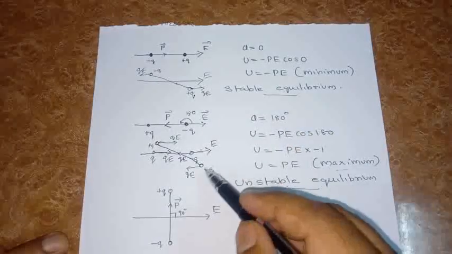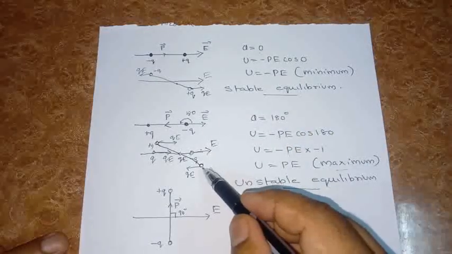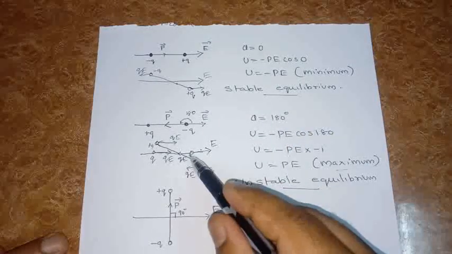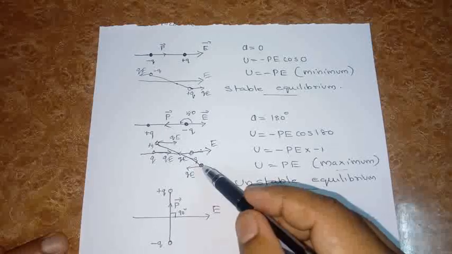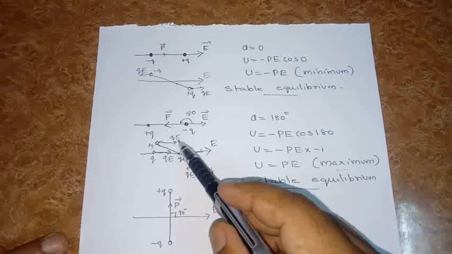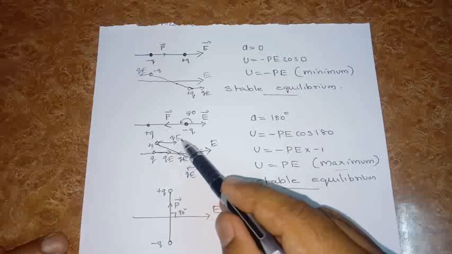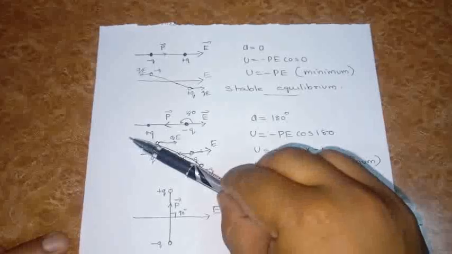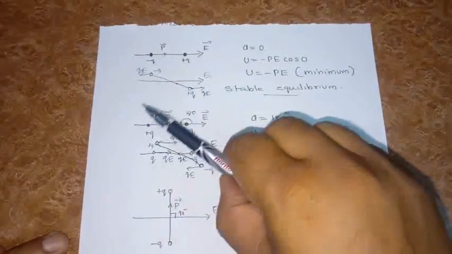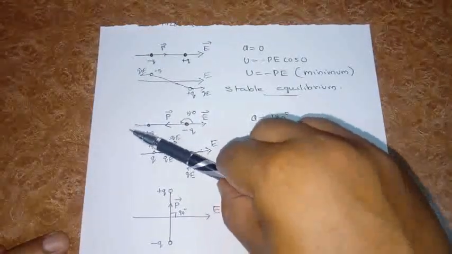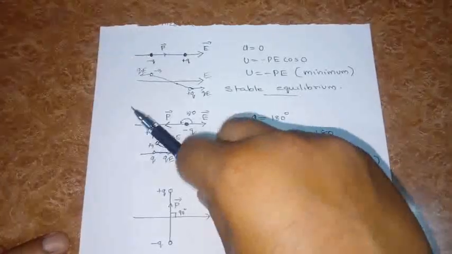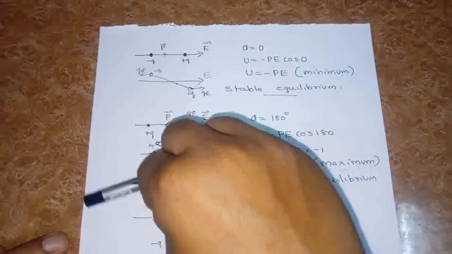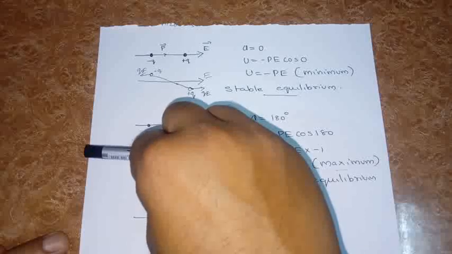Now look at the direction of the force. The direction of the force will not bring the dipole back to the original configuration. Instead, the forces created will bring the dipole back to the theta is equal to 0 configuration. It will rotate the dipole like this. So from this orientation, it will never go back like this. Instead, it will rotate the dipole like this and bring it back to the stable equilibrium configuration.